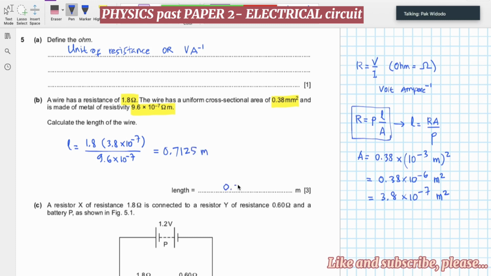Let's say this is 0.71 in meters. That's it.